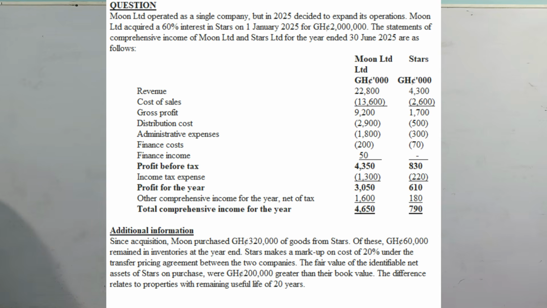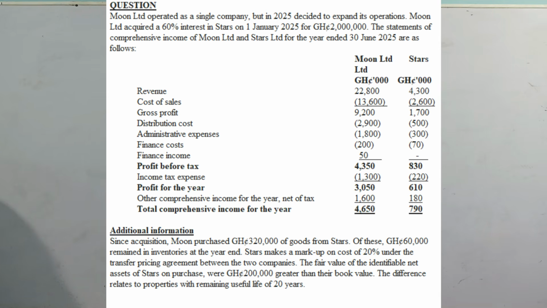Distribution cost 2,900 against 500. Administrative expenses 1,800 against 300. And then there is finance cost 200 for Moon and 70 for Stars.